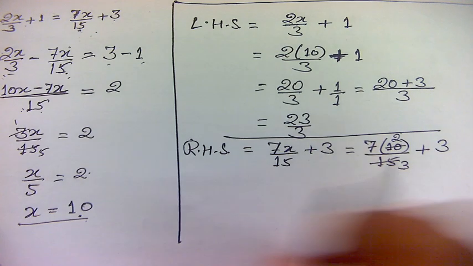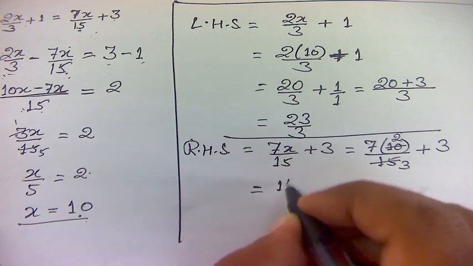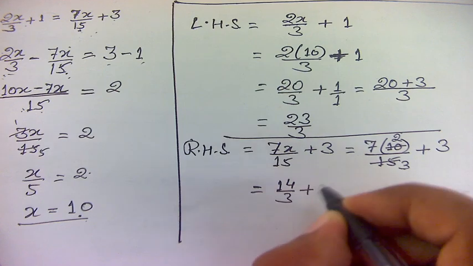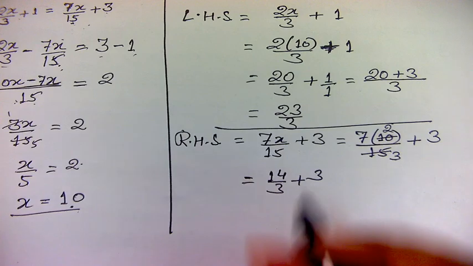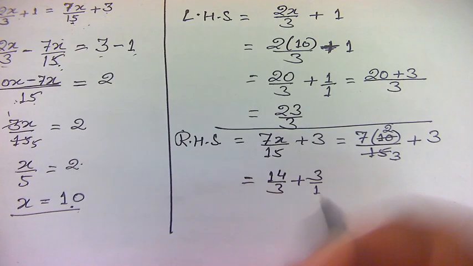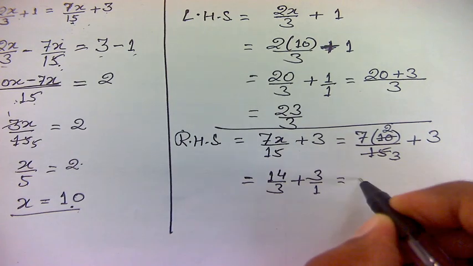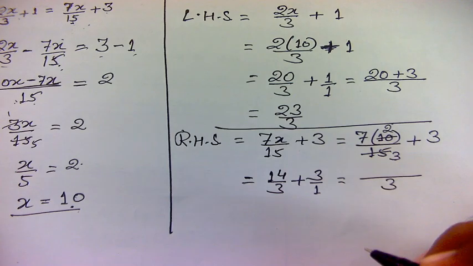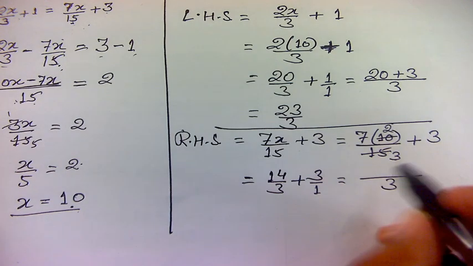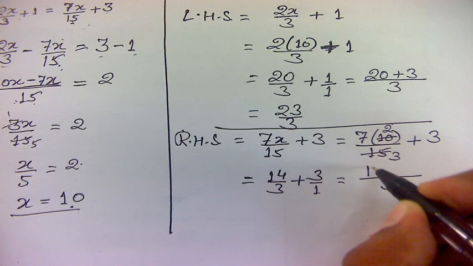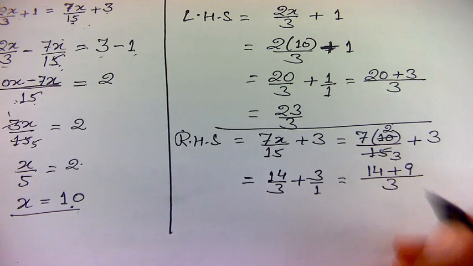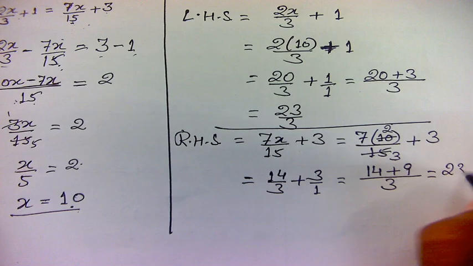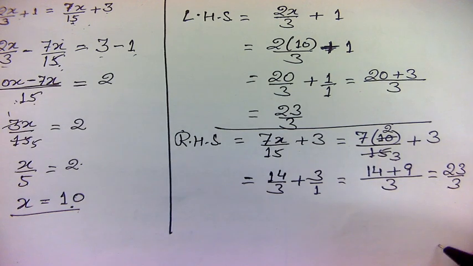So 7 into 2, you get 14 upon 3 plus 3. Now 14 upon 3 plus 3, taking the LCM, simplify it. 3 is the LCM, and you get here 14 plus 9, and 14 plus 9 is 23 upon 3.